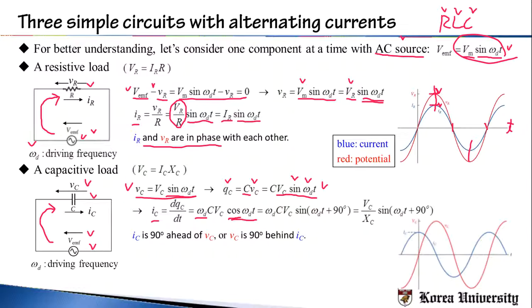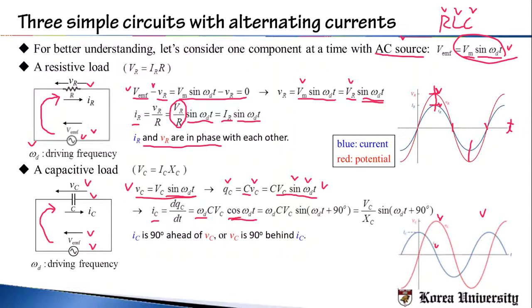Okay, interesting, right? So we can draw a graph like this. Again, as a function of time, this red curve is the potential, which looks like a sine function, and this blue curve is the current, which looks like a cosine function, right?